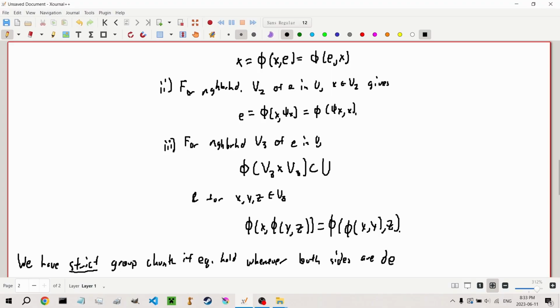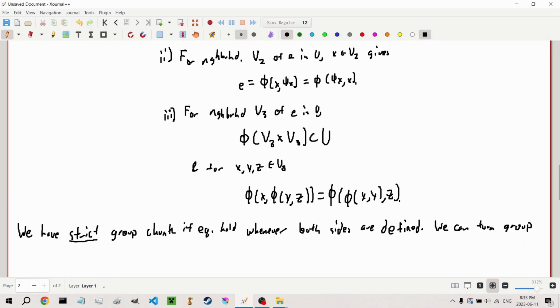Sorry, my voice went a little weird there. We can turn a group chunk into a strict group chunk by shrinking our open neighborhood U.